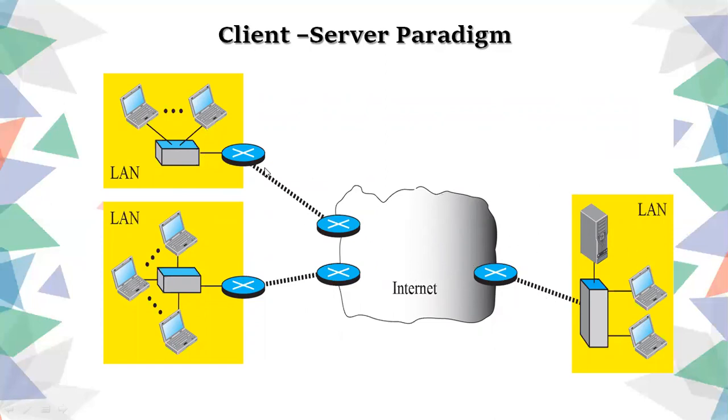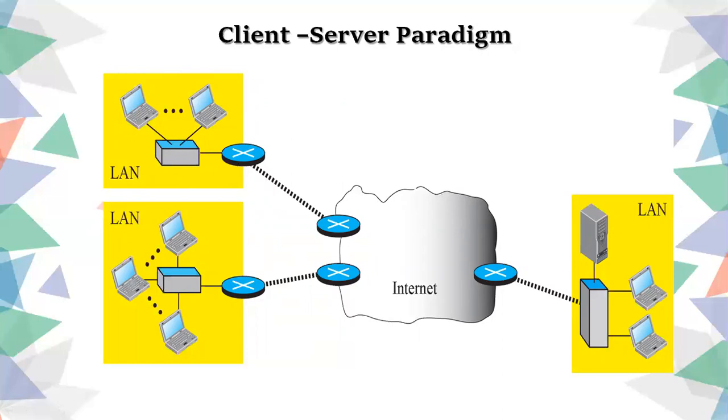We need the help of routers, and several networks will be passed over. And here the client gives a request, the server acknowledges it and responds, and the client gets the information. So this type of model is called the client-server model.